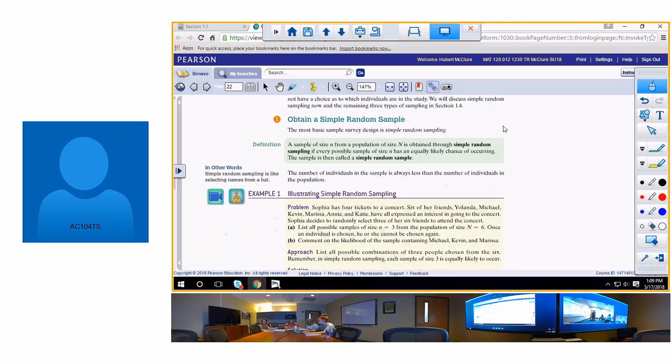Okay, simple random sample. Let me tell you what a simple random sample is. This is one of those questions that are on standardized tests. I don't care what field you're going into. A simple random sample.